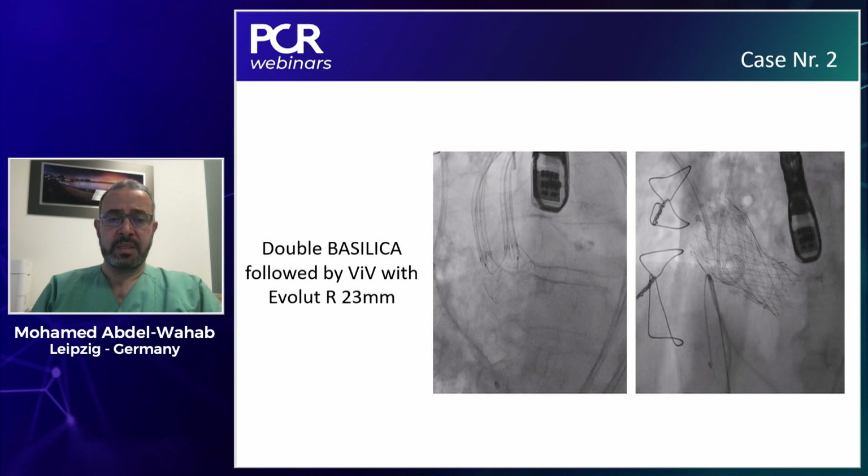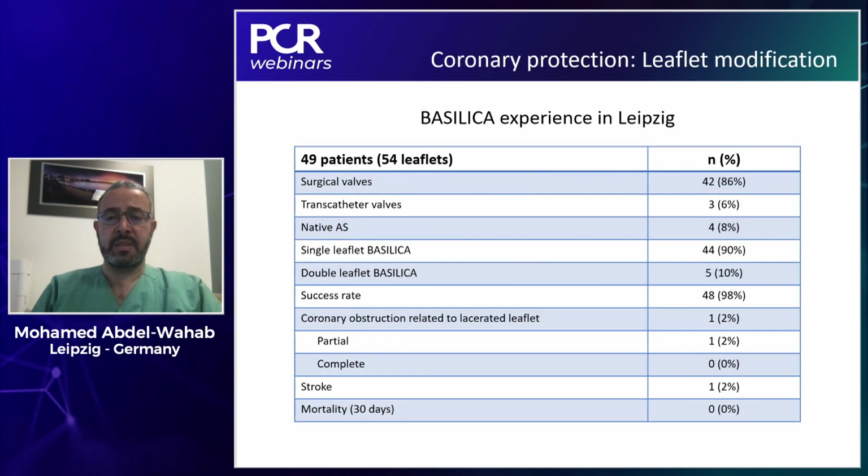And if you go to the next slide, you can see here that even in a center with a very high volume, such as in Leipzig, we did over almost a 4-year period around 50 patients. If you need to do this procedure, of course, you need some experience, you need a case volume in order to achieve results that are reproducible.